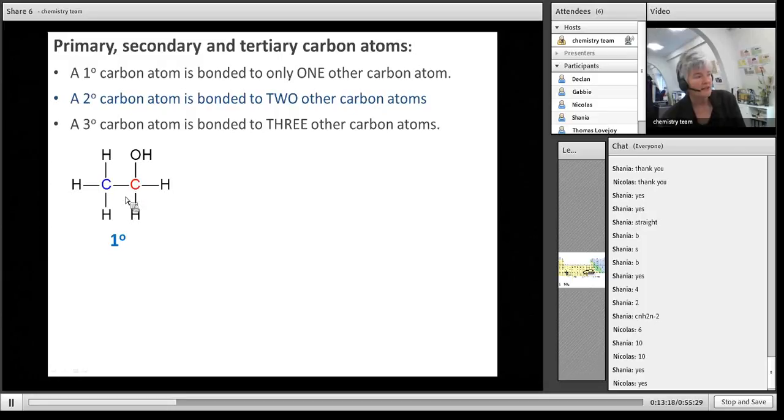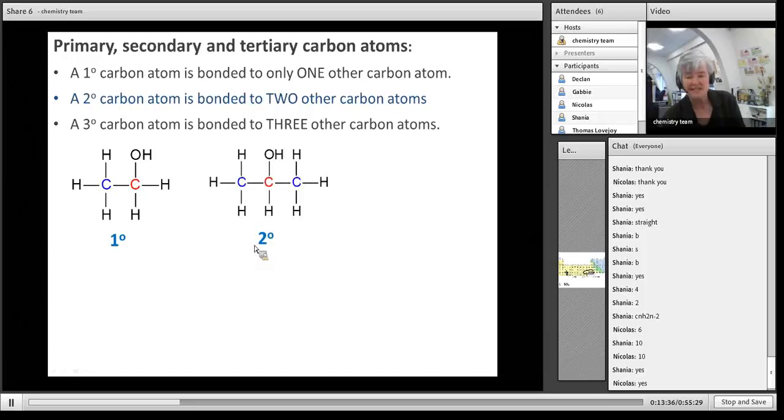Okay. So as an example here, this is ethanol. This is a primary alcohol, so we look at our functional group of OH. It's bonded to this carbon. The red carbon is only bonded to one other carbon, so it's a primary alcohol.